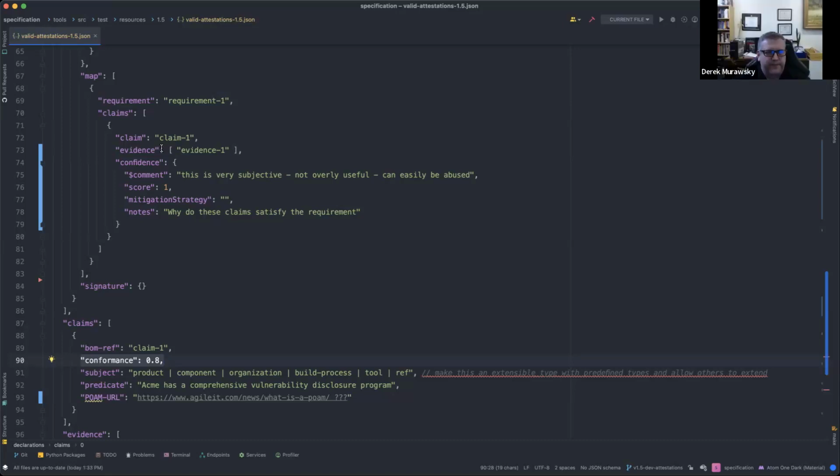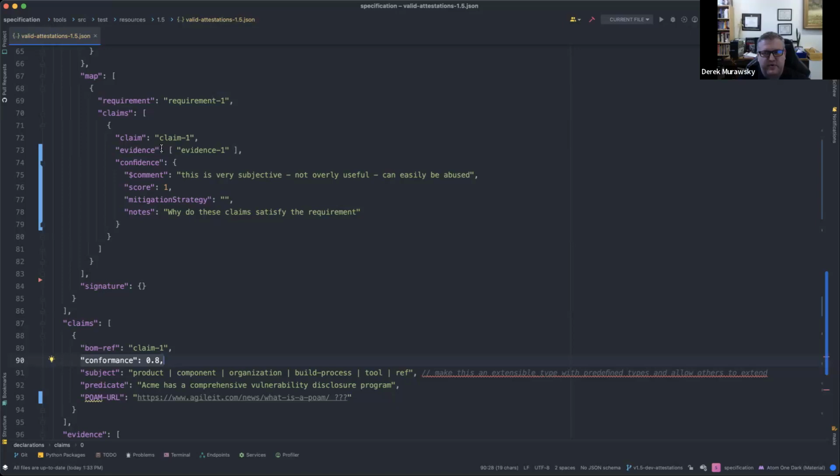Okay. So I think they're both needed, but is this the right place for it? Yeah, because I guess it depends on whether the requirement is, do you train all of your developers? My conformance with that requirement is 80% in that instance, right?